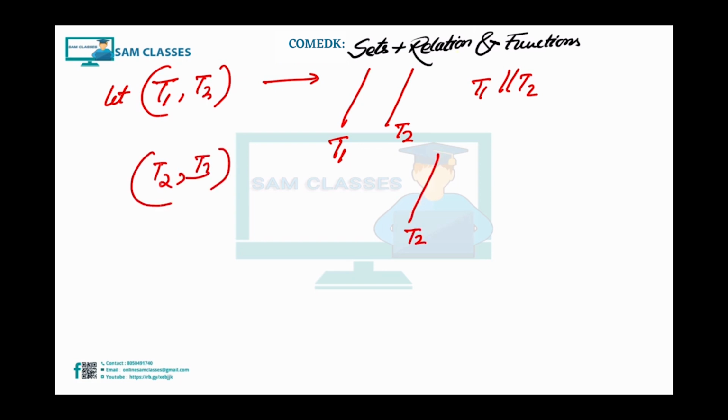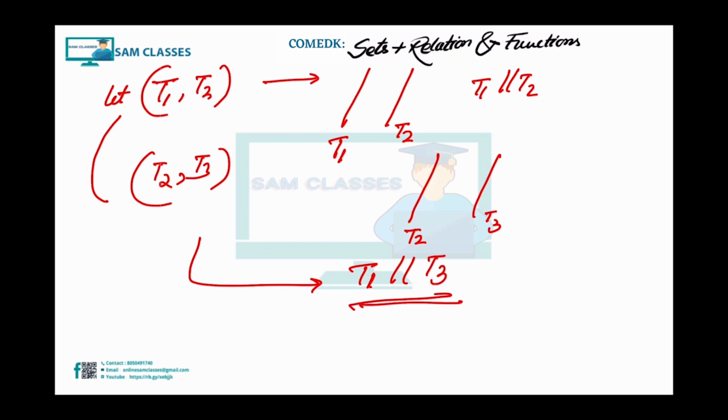So can we say, by merging these two conditions, that T1 is parallel to T3? Yes or no? So that is transitive. Pretty simple, students. Now, if a relation follows all three, we say it is an equivalence relation. What is it? Equivalence relation.